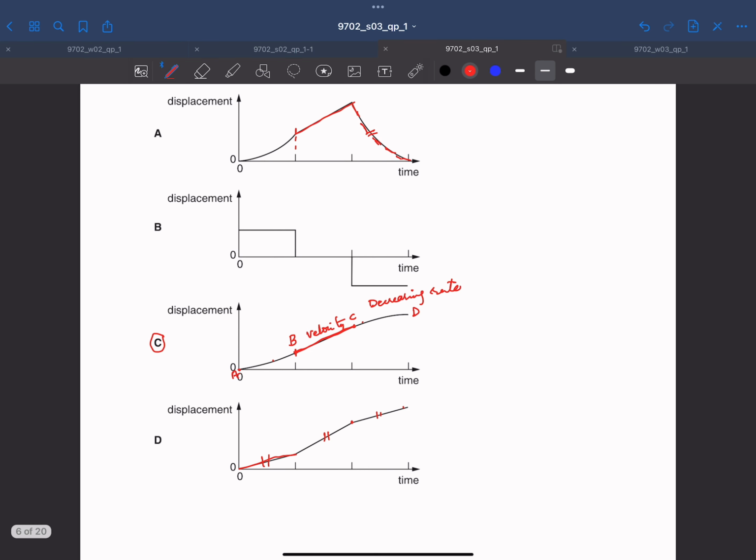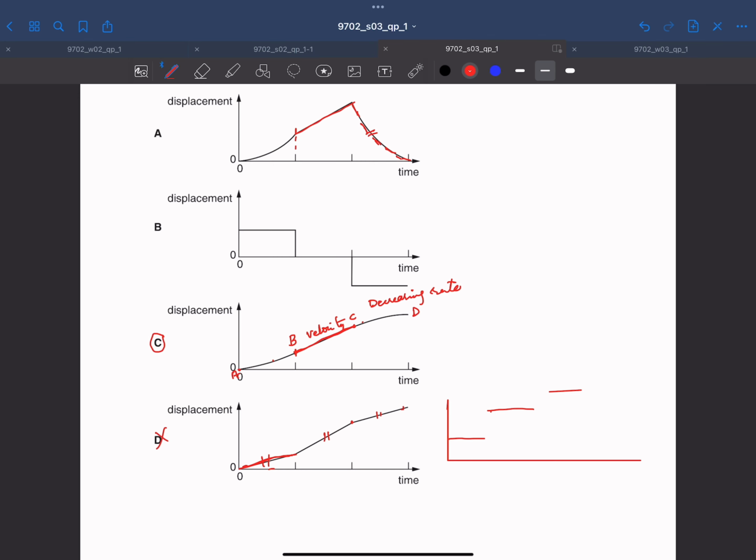Otherwise, if we considered this graph, the velocity-time graph would have a constant velocity for this part, another constant velocity for this part, and another for this part. But of course this is not the situation given.